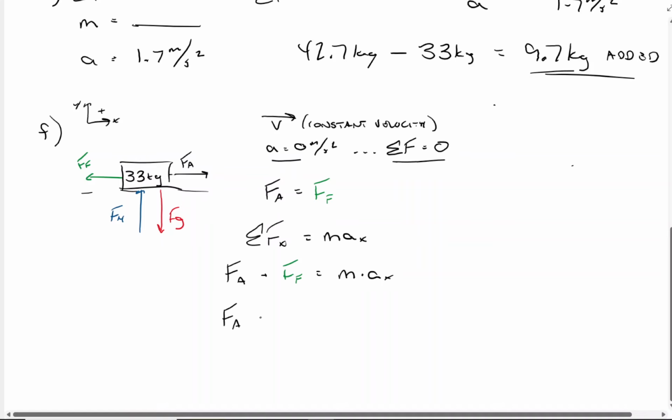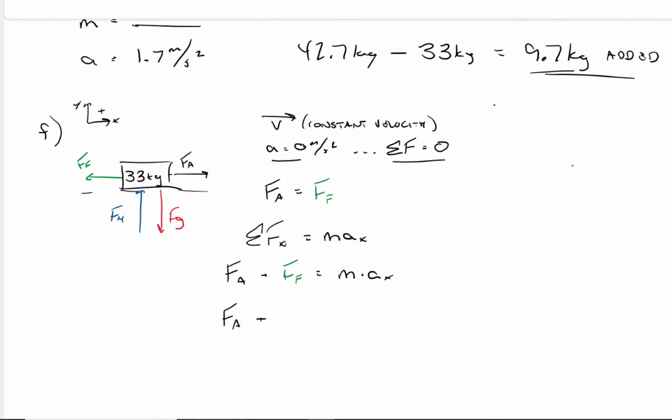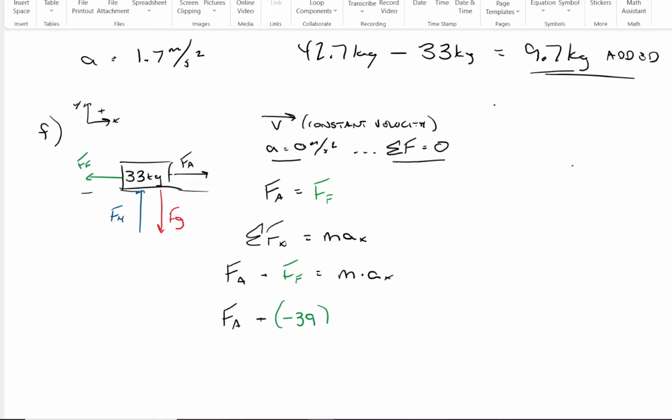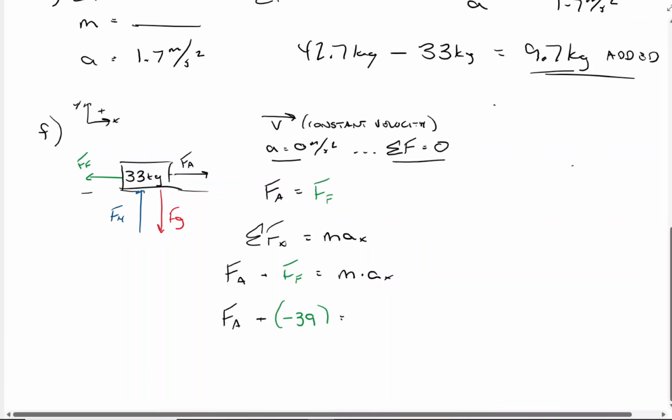Well, I have Fa plus, and here's where that direction comes into play. Friction is left at 39 newtons, right? It's a left arrow, so I can put it in there that way. And the mass is 33, but my acceleration is 0, so that all goes away.